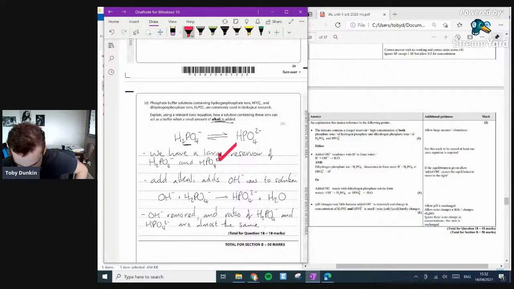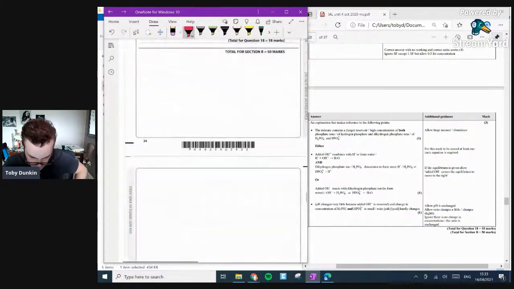Adding OH minus, OH combines with H plus to form water. Dihydrogen phosphate dissociates to replace it, equation perfect. Ratios, and the concentration ratios hardly changed.